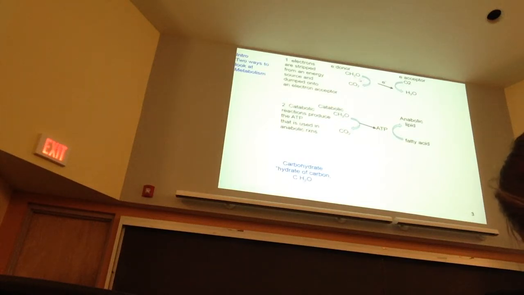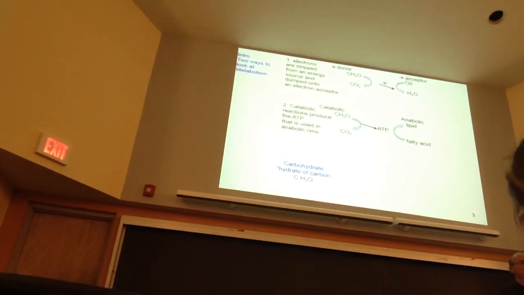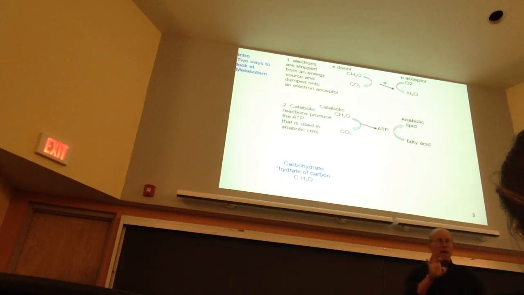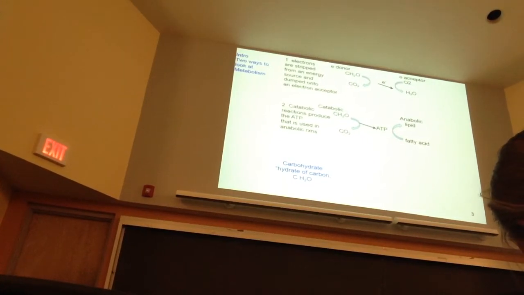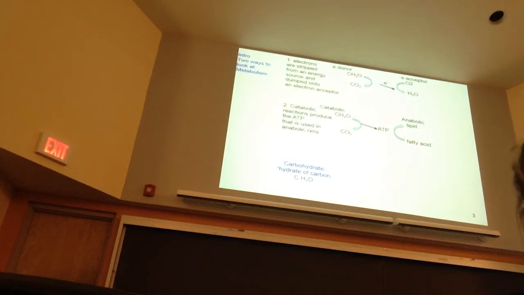So CH2O, this carbohydrate. So look at the word carbohydrate. The hydrate of carbon is CH2O. So that's going to be the typical base for any sugar is going to have that formula relationship. It's going to have twice as much hydrogen as carbon and oxygen.